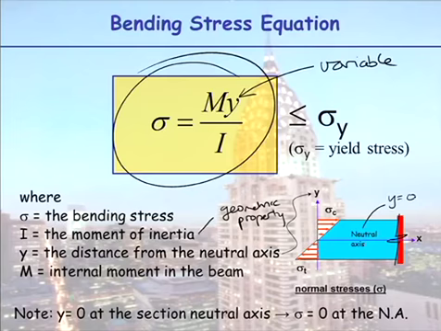So where is your stress maximum? Where y is maximum. And where is that? At the top and/or the bottom of the section. So, if I asked you, I'm going to put a point load on my beam, where is the bending stress maximum?